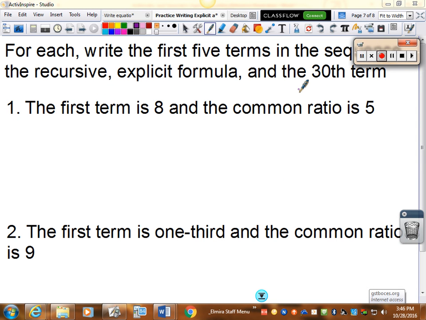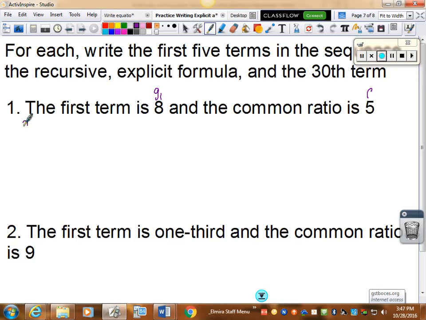Alright, I'm not sure I got to one like this in class, but this is the same thing as the arithmetic. I'm sure you can figure it out, but I'll include it in the video. Alright, the first term is a, g sub 1, and the common ratio is 5, r.